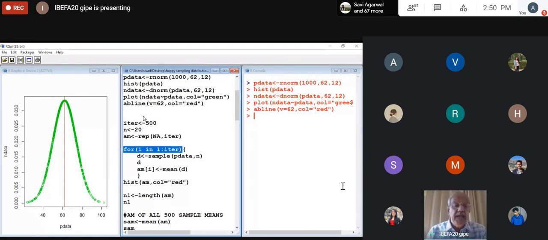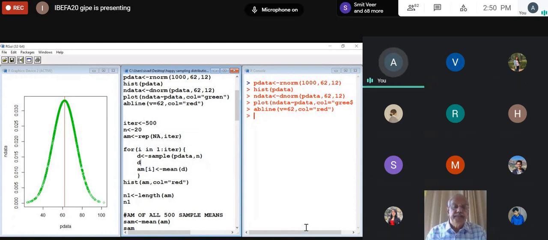I means 1, 2, 3, 4, 5, 6, 7, 8 up to 500. Each time find a sample of 20 students. Compute the arithmetic mean of this sample. Repeat it. Is that clear?